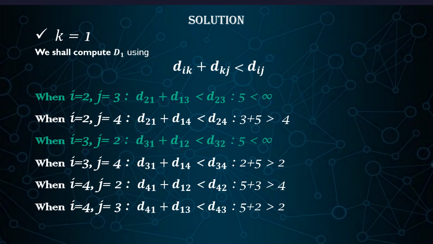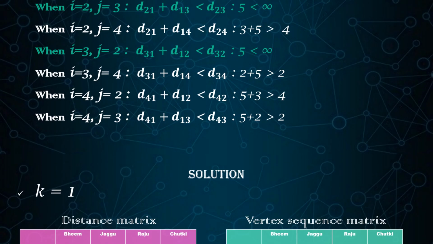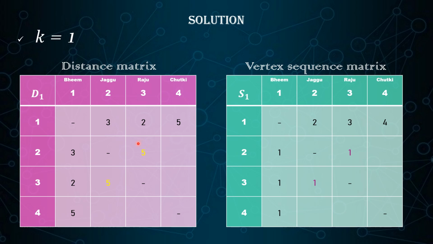We have obtained that the two cells, that is D23 and D32, satisfied the condition. Thus, we shall replace these cells with 5, and we obtain the modified D1 matrix to be 5 in place of infinity, and here too 5 in place of infinity.